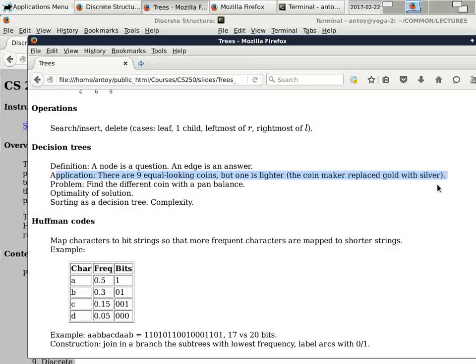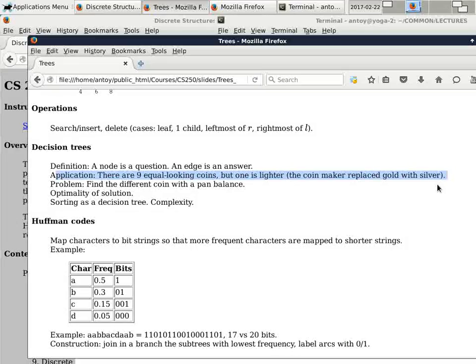Right. Let's see what happens if we compare 3 and 3. So I start here again, and I do 1, 2, 3, 4, 5, and 6. And here again I have three options, right? They remain level, 1, 2, 3 goes down, or 4, 5, 6 goes down. So if they remain level, what do I know?